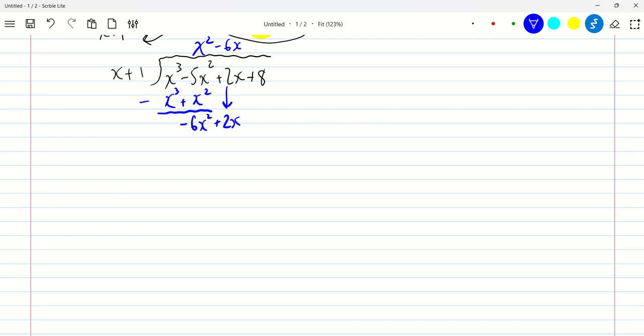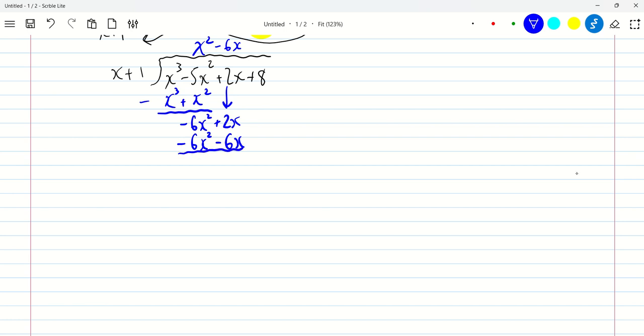And then I multiply that negative 6x by everything out the front. So negative 6x times x is negative 6x squared. Again, you can see why, because they're going to cancel out. And negative 6x times positive 1 is negative 6x.